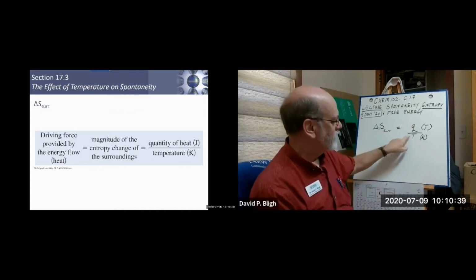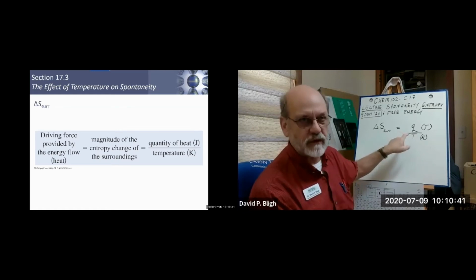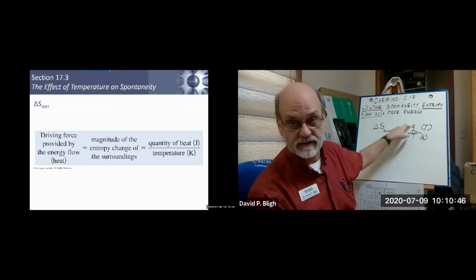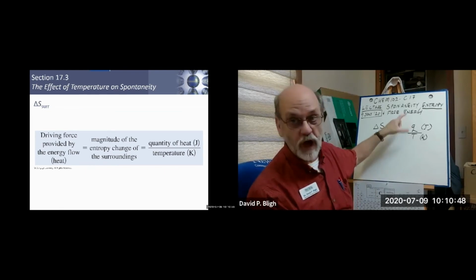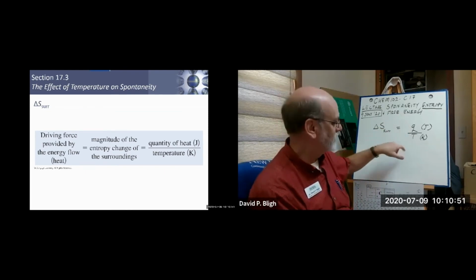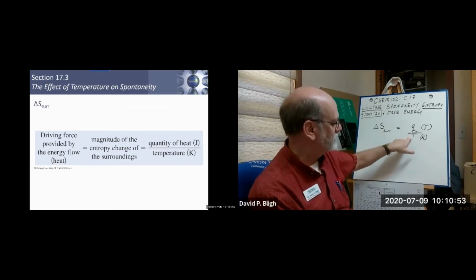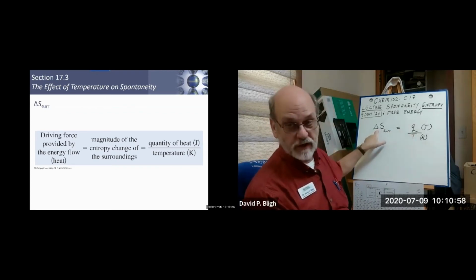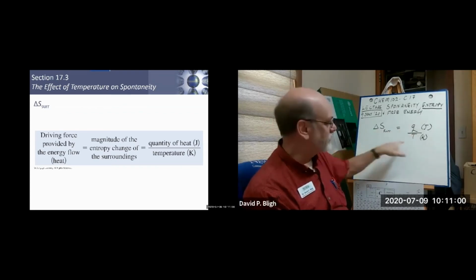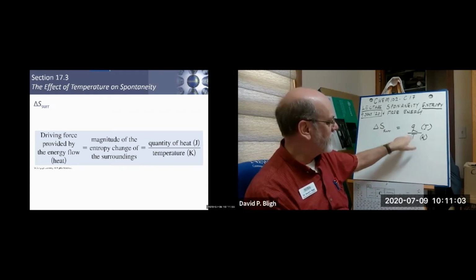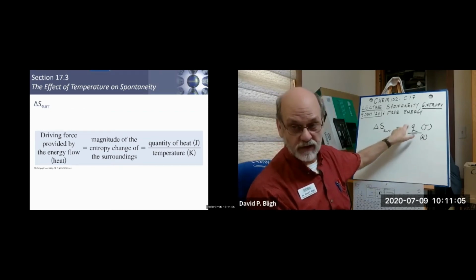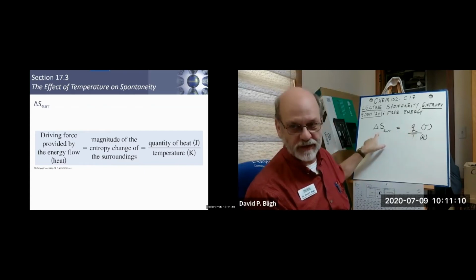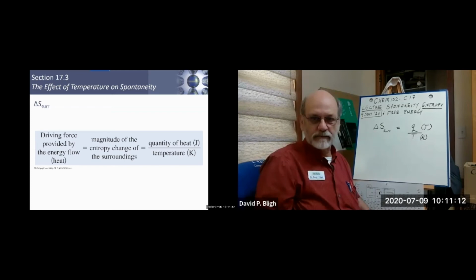So this just says as the temperature increases, the effect of heat is less, right? They work opposite one another. So if you decrease this one, you increase the effect of a change in heat, and that gives you a larger delta S. But if you increase this one, then the same change in heat energy provides a smaller value of change in entropy. Okay?